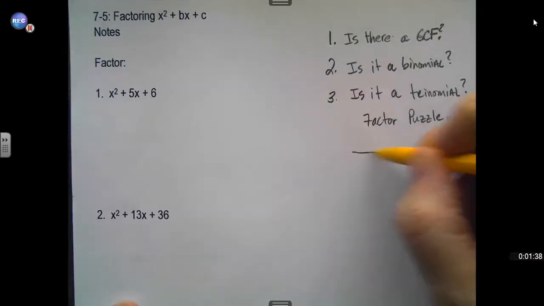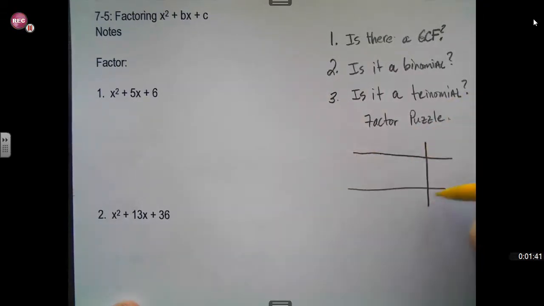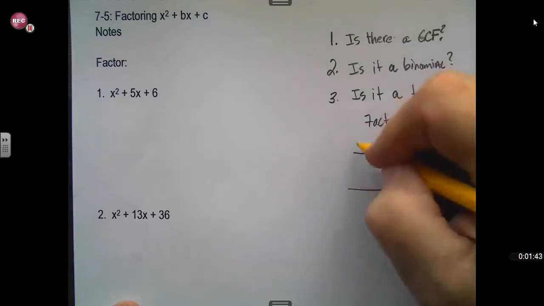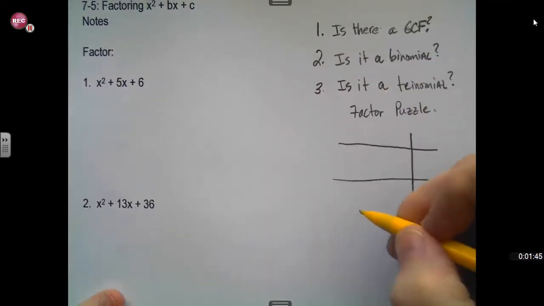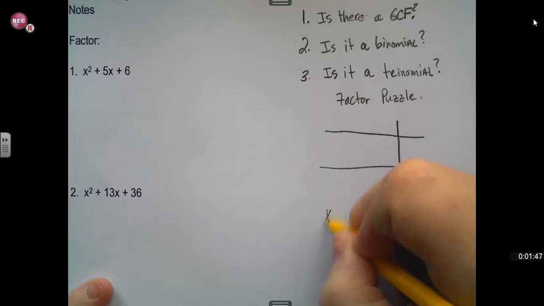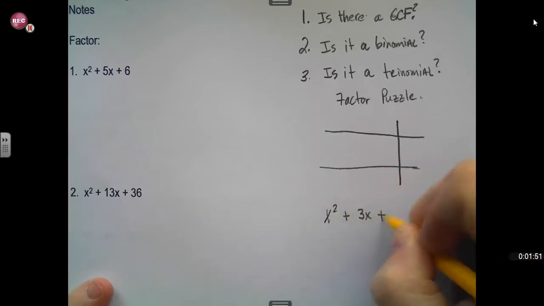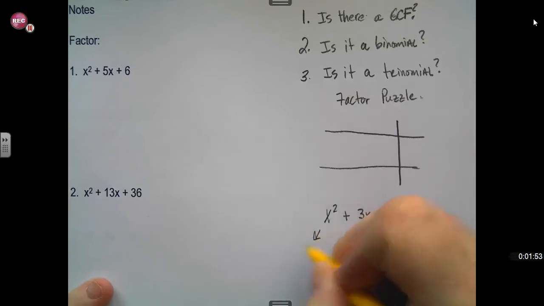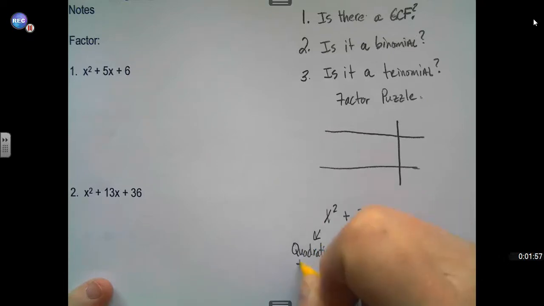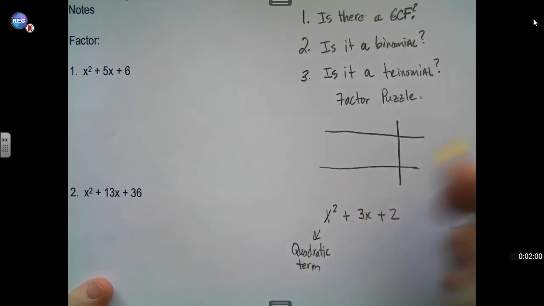The factor puzzle looks like this every time. In a quadratic trinomial, like x squared plus 5x plus 6, this is called our quadratic term because it's raised to the second power.